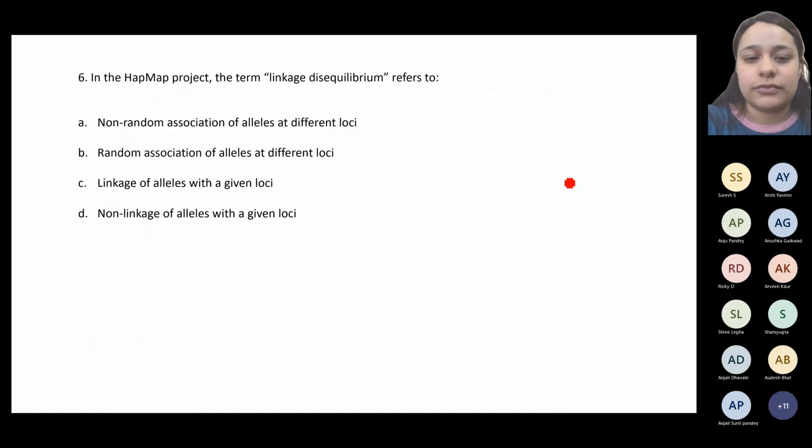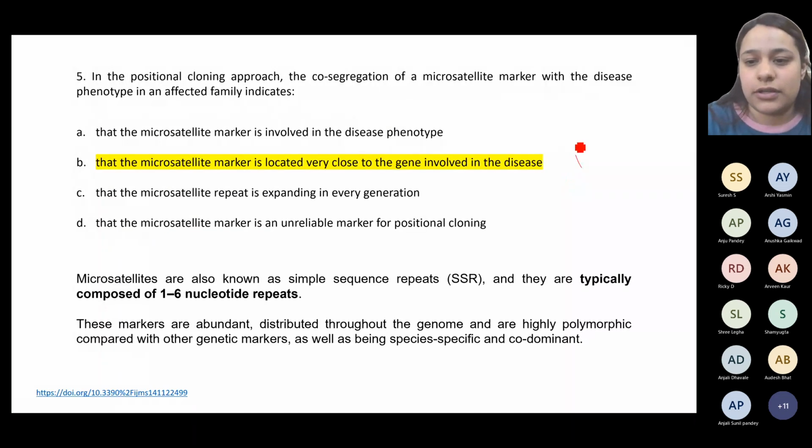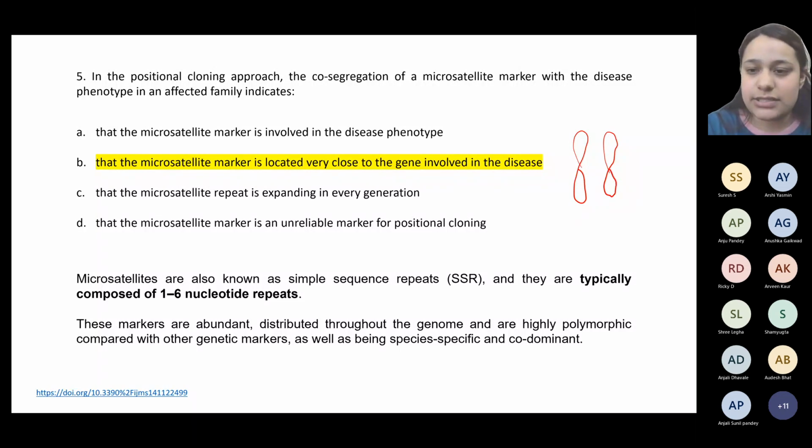So if these are homologous chromosomes, I'm sorry for their size difference. And this is a particular gene, right? So this is a particular locus at which the gene is present. This is one allele and this is the other allele. In one individual, only two such alleles can be present, right? But what will happen if you consider a population, right? For example, this was one individual.